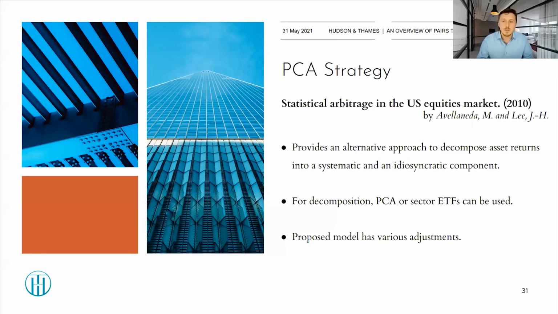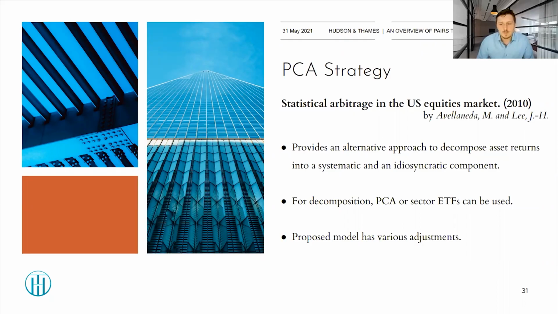Then, based on the performance of that idiosyncratic component that we're able to model, and we also apply the Ornstein-Uhlenbeck process there, we're able to generate trading signals. This is a good example of a quasi-multivariate approach, because in the PCA setting, not the ETF setting, we would be trading one asset versus a whole portfolio of other assets.